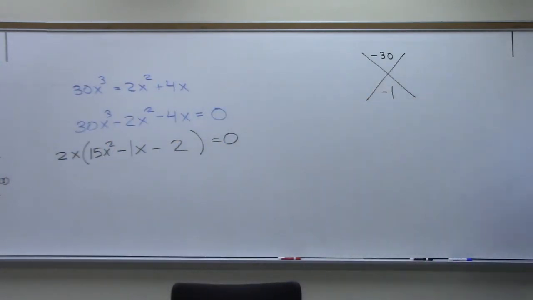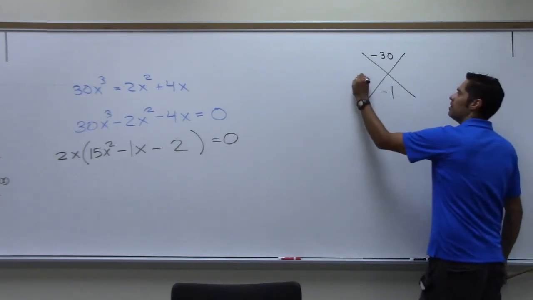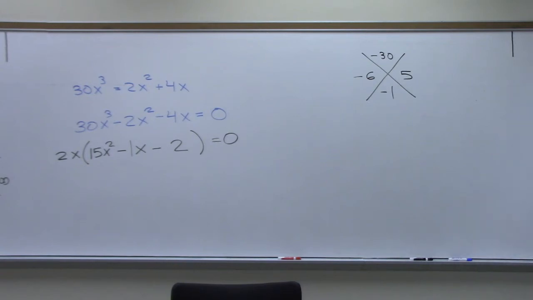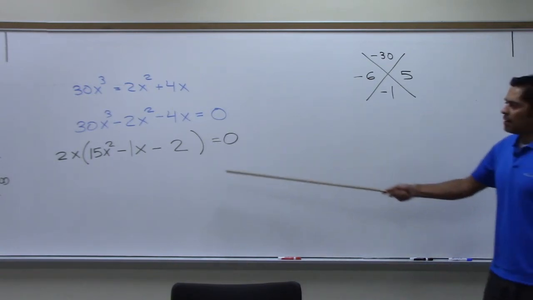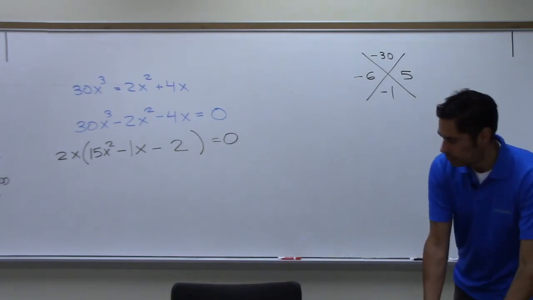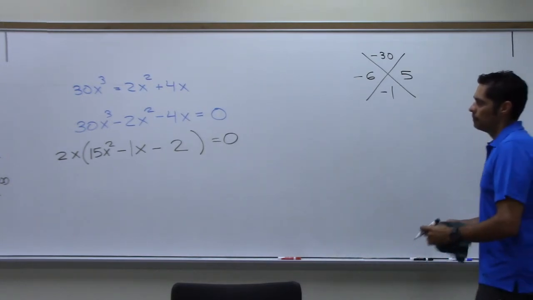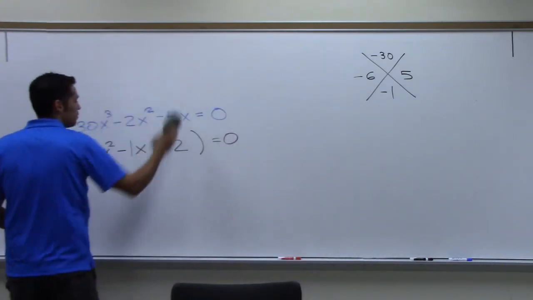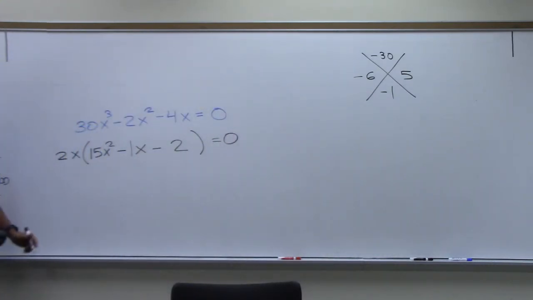Okay, so now you get to play your game, try and come up with 2 numbers that multiply to be negative 30 and add up to be negative 1. You sit there, you punch away in your calculator maybe, and eventually you figure out it's negative 6 and positive 5, right? And that allows you to now break this thing down. Got to keep the 2x out there. So we're going to have lots of parentheses, and if you wanted to use the brackets, you could.